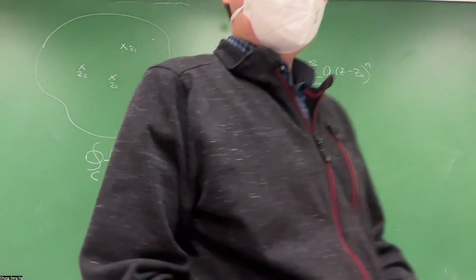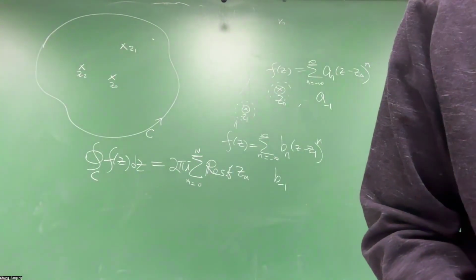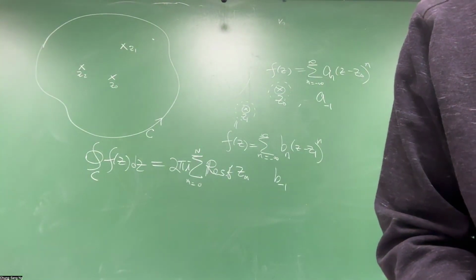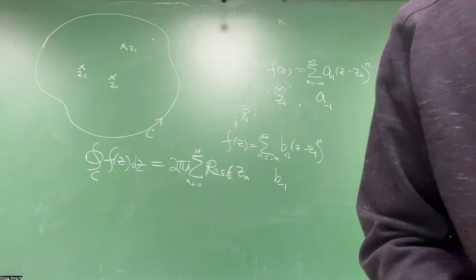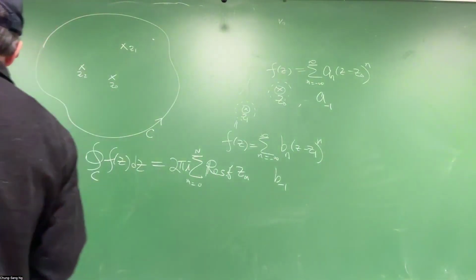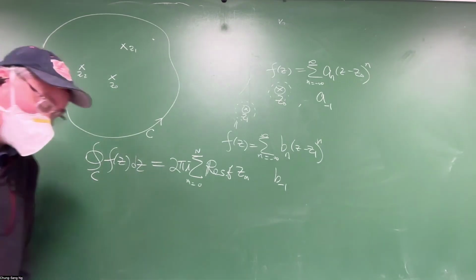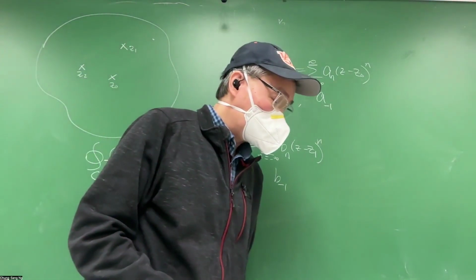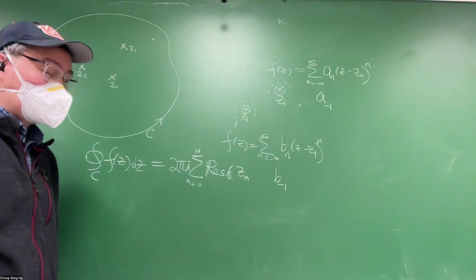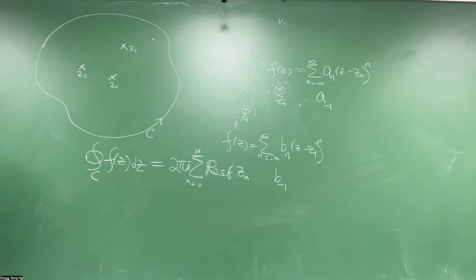And so that is the theorem, but to see it is actually quite straightforward. The idea is we want to use the Cauchy integral theorem: if the function is analytic within the loop, then the integral is 0.